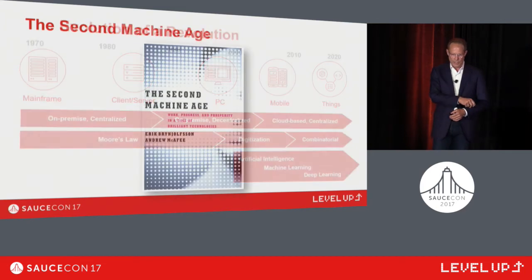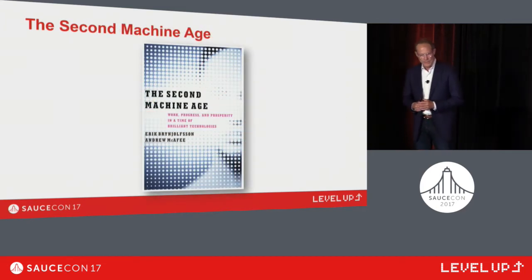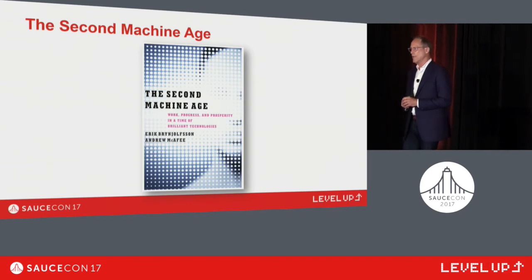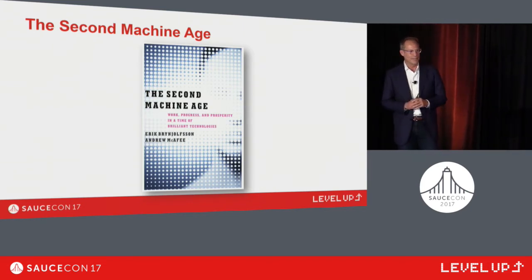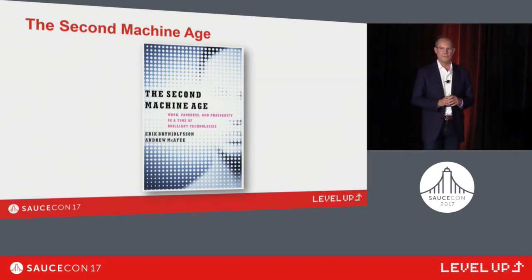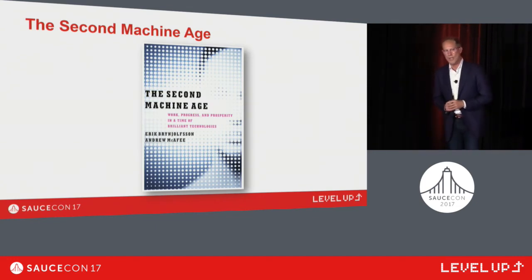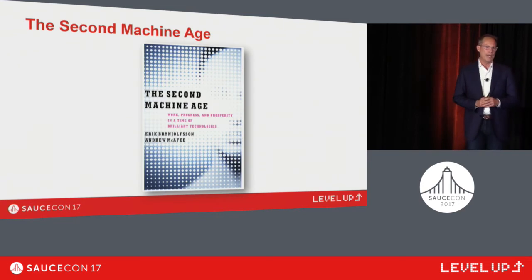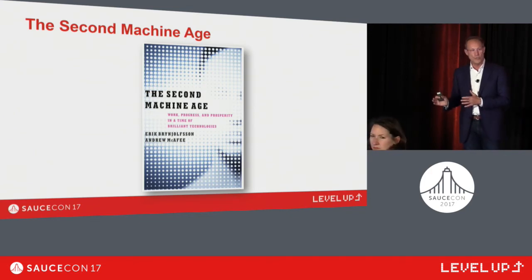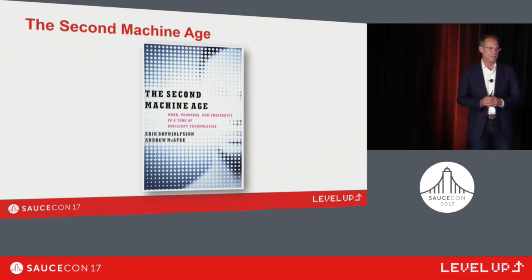The book that I was talking about, there it is, The Second Machine Age, I recommend, and I'm not on the take here, I recommend that everybody in this room read this book, because what it talks about is what's going to happen with AI, machine learning, and deep learning. And they paint the picture unusually in a positive light.